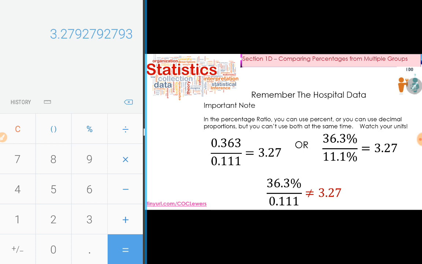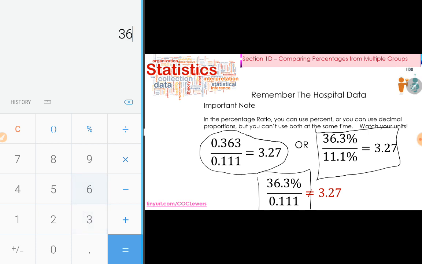An important note about this: we chose to do decimal proportions, and I also said that you can do percentages as long as you're consistent. If I start with a proportion for one, do proportion for the other. If I start with percent for one, do percent for the other. Because what happens if you mix it up? Let's try this one down here.